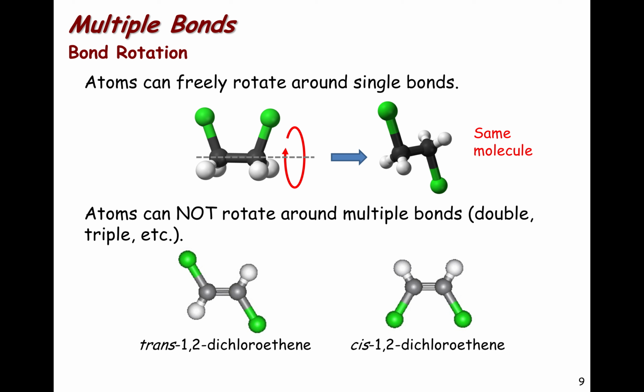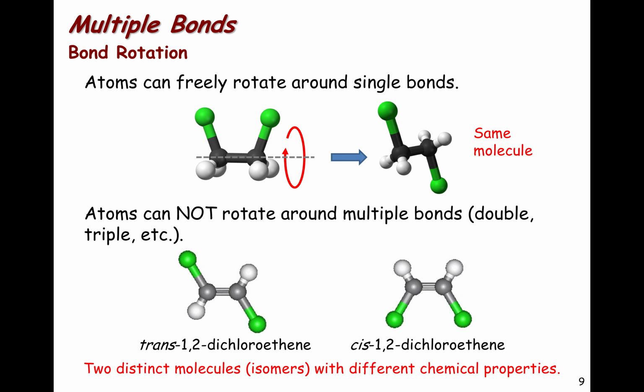And in this case, there is restricted rotation around the double bond. And so it turns out that there are two possible orientations of the two chlorine atoms, and they do not readily interconvert between each other as they would if it was a single bond.